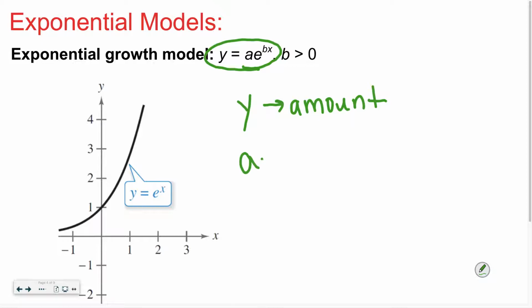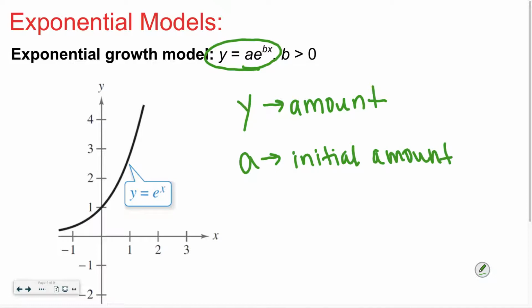A, that coefficient, what is the P in our PERT equation? And what does that mean? How much do we start with, right? So if we have an exponential growth or decay model, that coefficient right there is still going to stand for our initial amount.